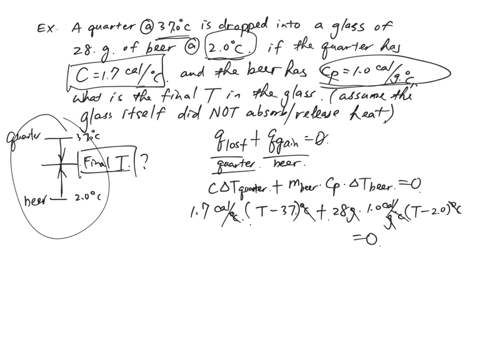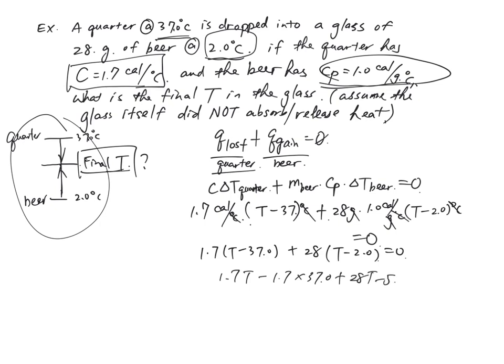All right, so rearrange your equation. 1.7 times (T minus 37) plus 28 times 1.0, that's still 28, times (T minus 2.0), and that equals 0. Rearranging, 1.7 T minus 1.7 times 37.0, plus 28 T minus 56, equals 0.